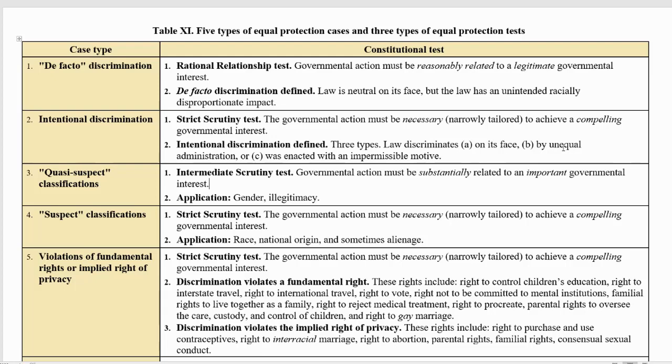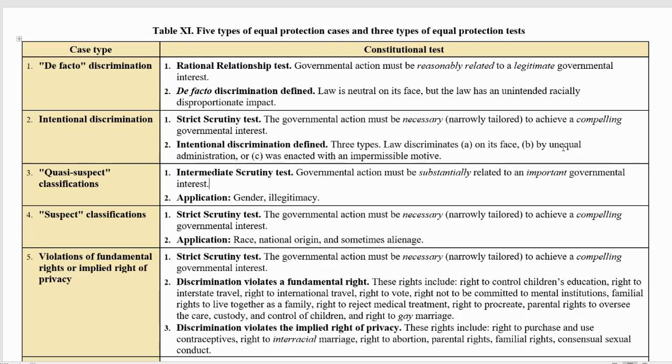But even if I look at this case under intermediate scrutiny, the government can't win. I don't even have to apply strict scrutiny. If I merely apply intermediate scrutiny, the government can't win. So if that's the case, I'm not even going to decide whether or not strict scrutiny applies, because even at an intermediate level of scrutiny, the government can't win, and the plaintiff wins and they move on, and there's not some sort of holding or application of this very high standard.